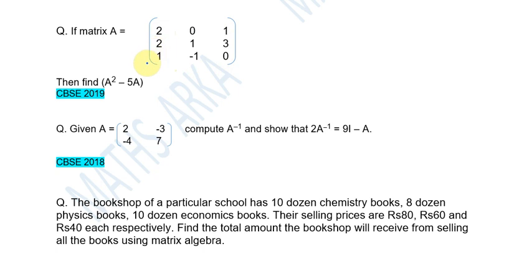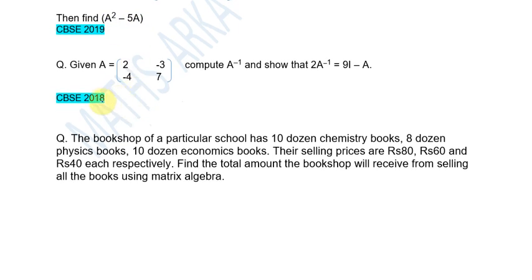So 5A would become 5 into 2, 5 into 2, 5 into 1, 5 into 0, 5 into 1, and so on. You need to find A square, then 5A, and then subtract that 5A from A square. The result you get would be the answer.